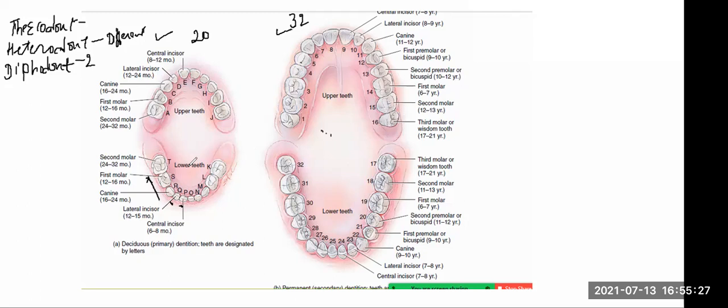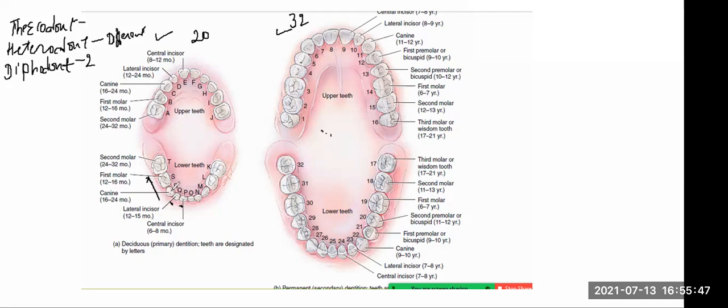Incisors are chisel shaped, as we have already discussed, and they are used to cut into the food. So while eating, they will cut into the food.